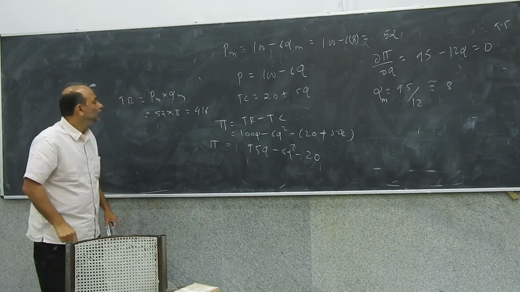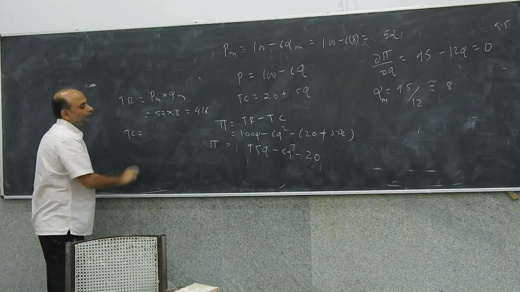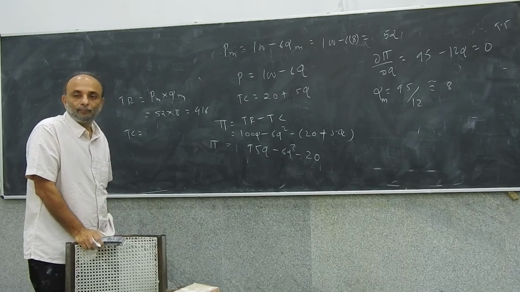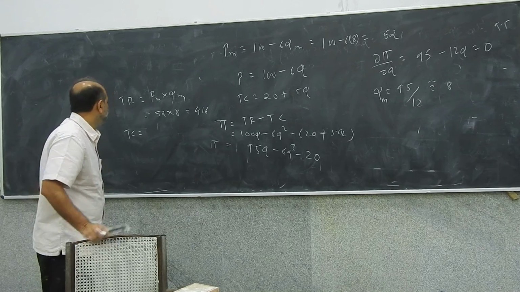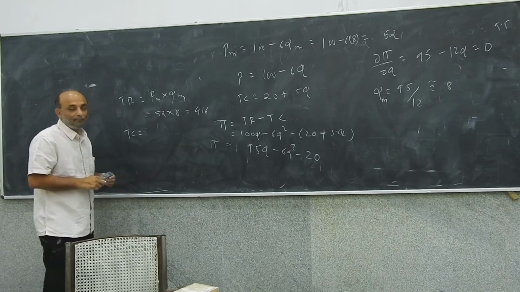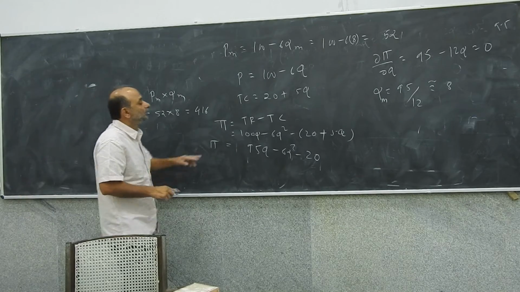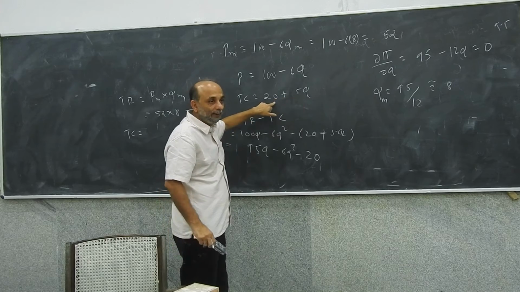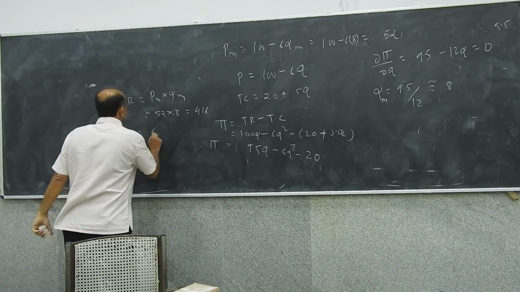What will be total cost? 60, right? Because what you do is substitute here. If you put 8 here, there will be 40, 40 plus 20, so total cost is equal to 60.